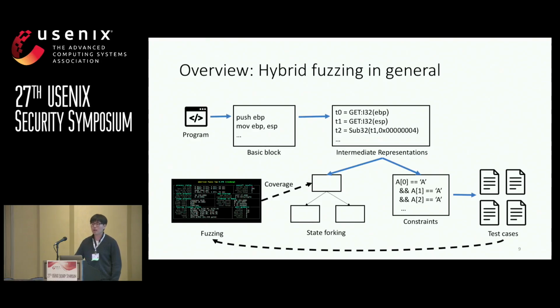Unlike classical concolic execution, when it forks, it gets information from the fuzzing about code coverage and decides whether it wants to fork or not. And after it gets the constraint, it solves this constraint using a constraint solver, generates test cases, and feeds these test cases back to the fuzzing.